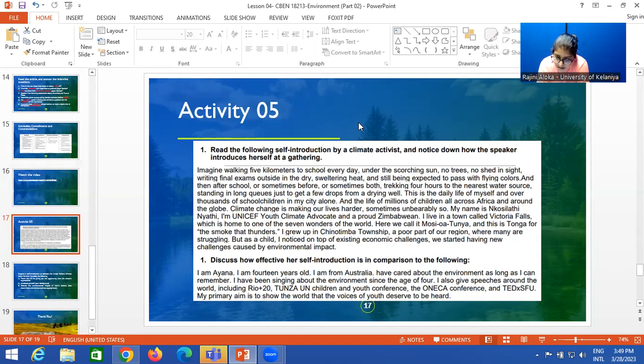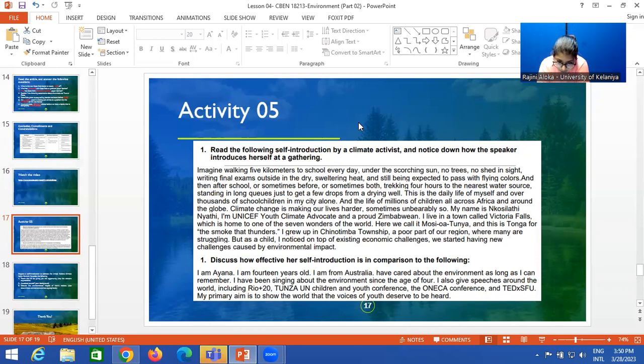My name is Kositlati Nyati. I'm UNICEF Youth Climate Advocate and a proud Zimbabwean. I live in a town called Victoria Falls, which is home to one of the 7 wonders of the world. Here we call it Mosi-oa-Tunya, and this is Tonga for the smoke that thunders.